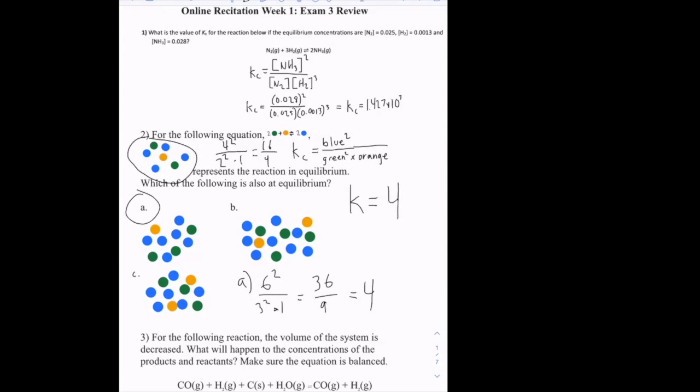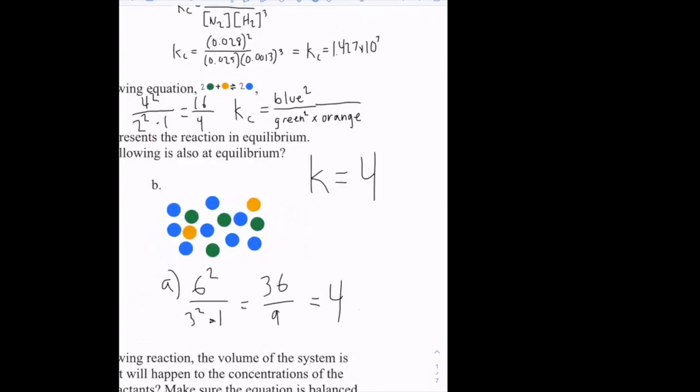So looking at B, there are 1, 2, 3, 4, 5, 6, 7, 8 blues. So to do that, remember it's going to be Q equals 8 squared over 4 squared times 2.